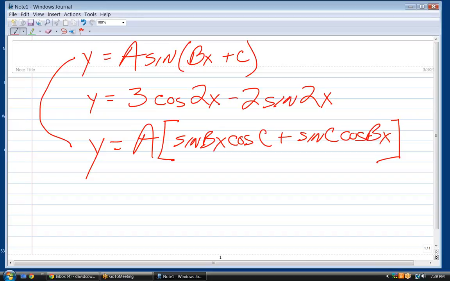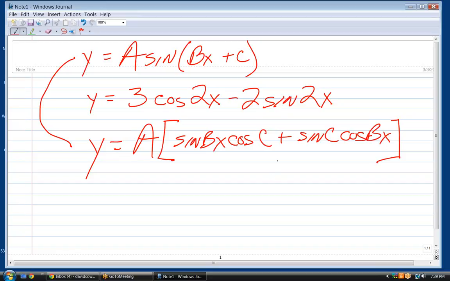I'm looking at it. So in the directions for this, it says that an example here is, let's see. Yeah, that's actually exactly it right there. They have different numbers here. They have 2 sine x plus 5 cosine x equals a sine bx cosine c plus cosine bx sine c. So they are using the sum and difference formula. Okay.